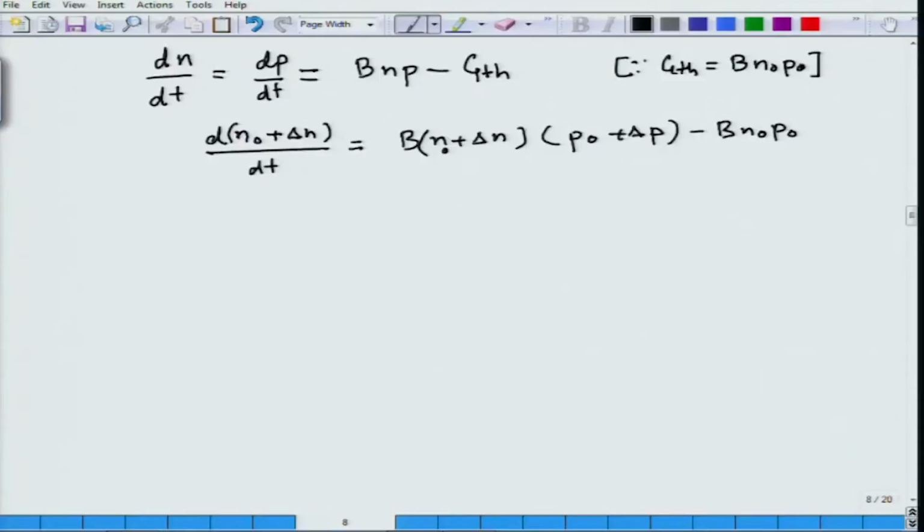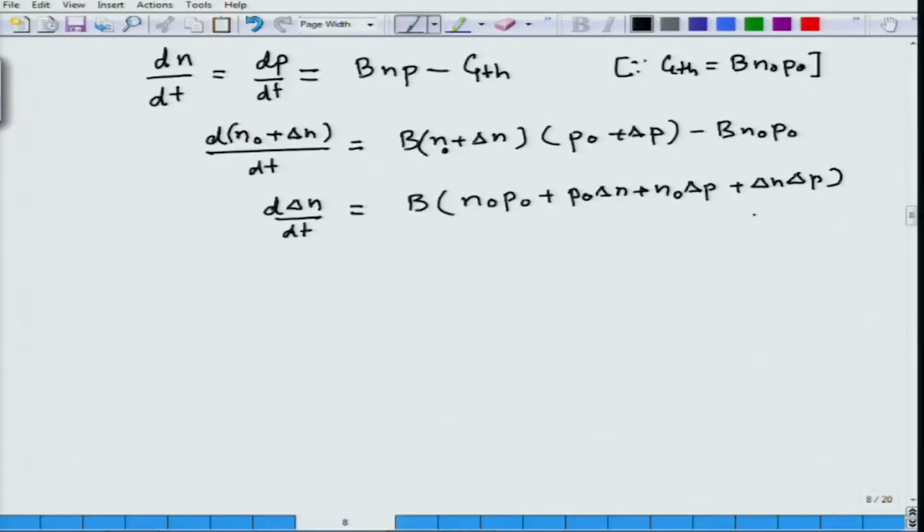Now, I can simplify this, N naught and P naught being two constants here. So this would just reduce to the change in the excess carrier concentration due to the recombination process, which will be B. Now, this will easily simplify; this will cancel with the thermal generation.